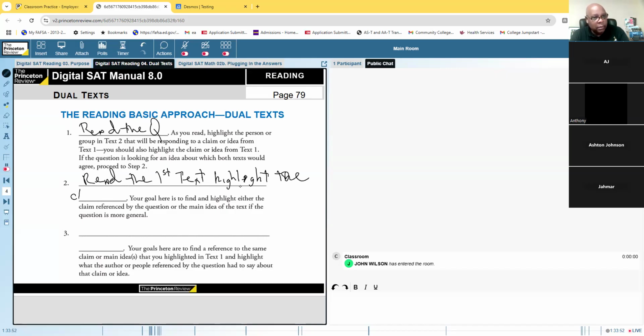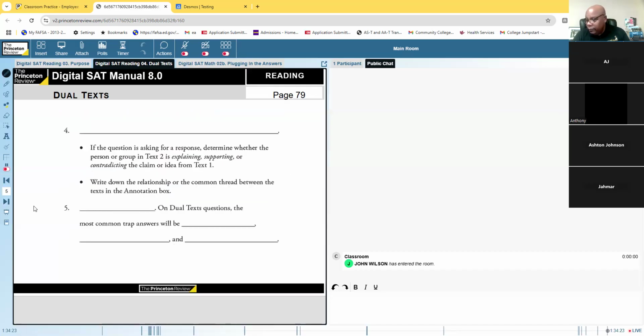Three, of course, read the second text. Read the second one. And highlight what's said about the same idea. So those are three steps so far. And those will go pretty quick. Sometimes people don't have to highlight them. You just look at one, look at the other one. That happens a lot.